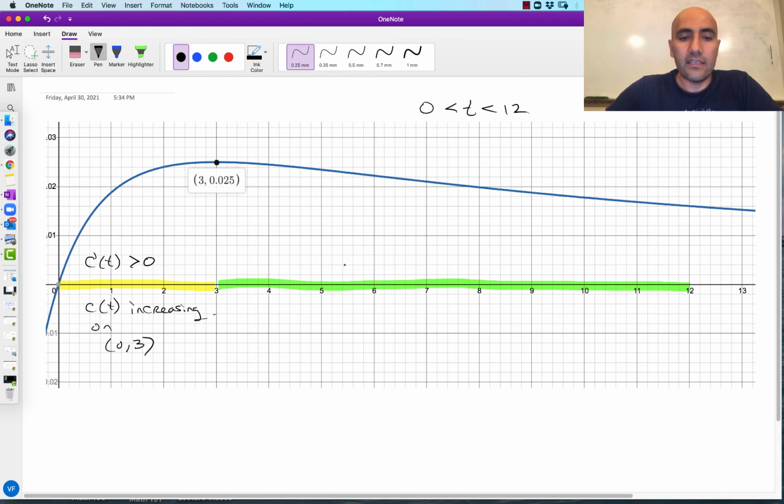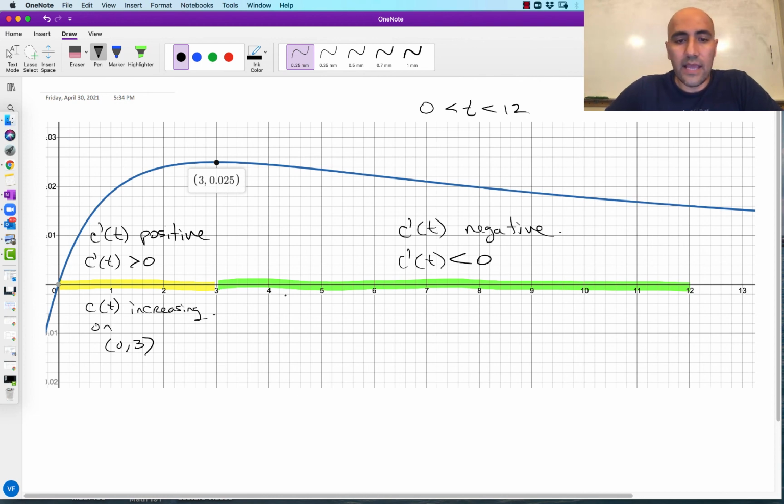And in this interval, we found that C prime of t was negative. This notation means negative, and over here, C prime of t is greater than 0, positive.